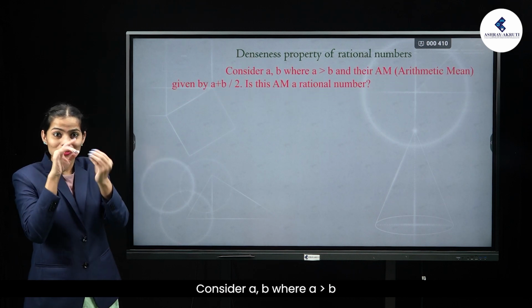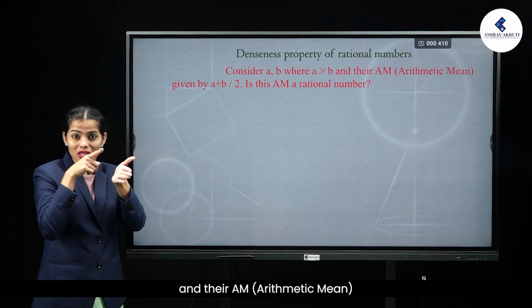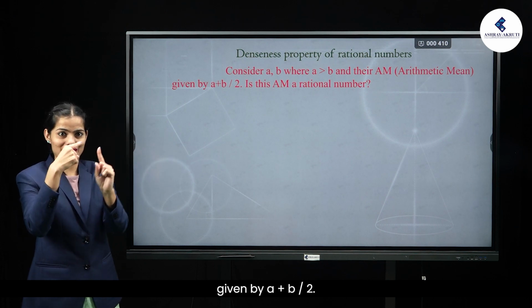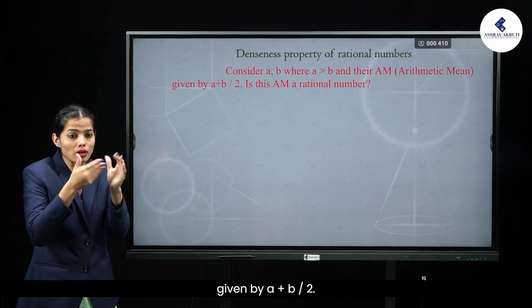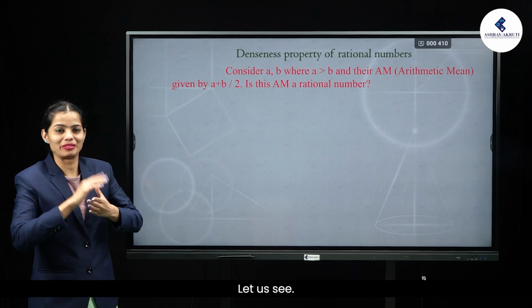Consider a and b, where a is greater than b, and their AM, arithmetic mean, given by (a + b)/2. Is this AM a rational number? Let us see.